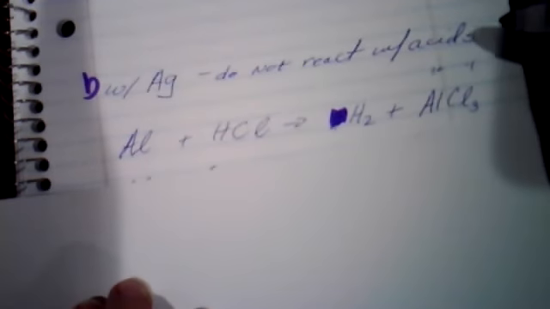Now, one thing: you look back on your little ion chart, you need to know how to balance this molecule right here. We knew that aluminum was a 3 plus and chlorine was a minus 1, and so you would need 3 chlorines to be with aluminum. So we know that going in.